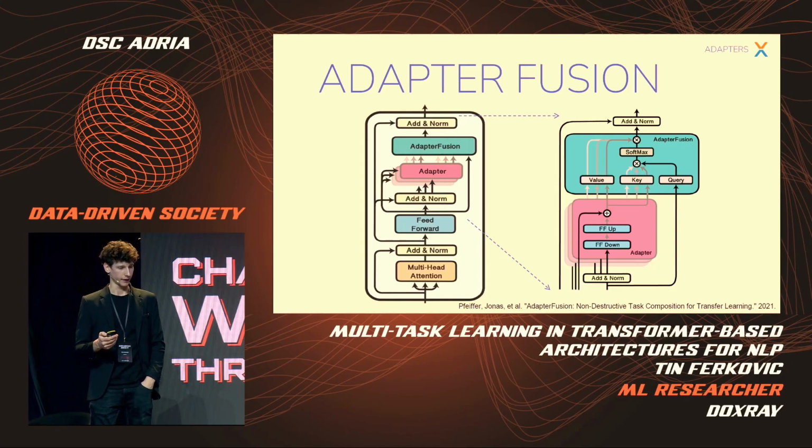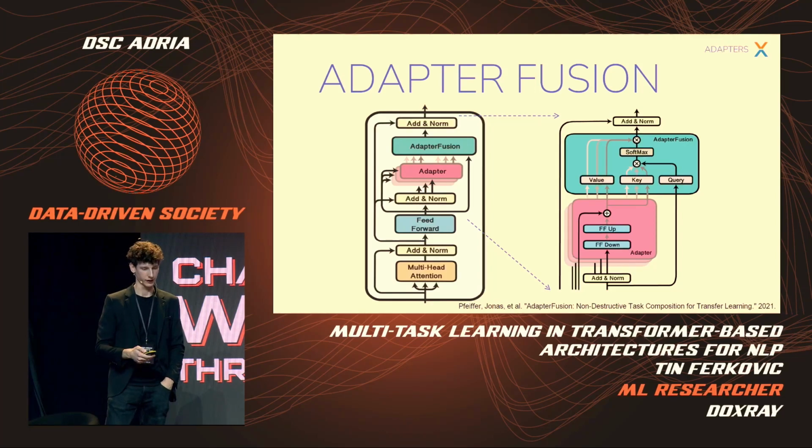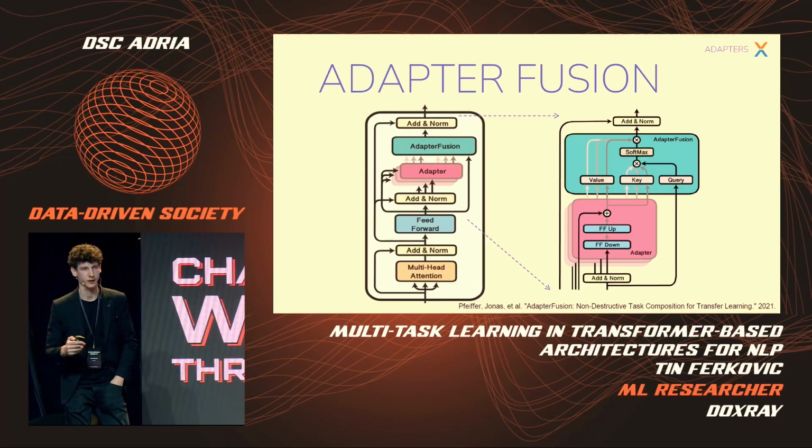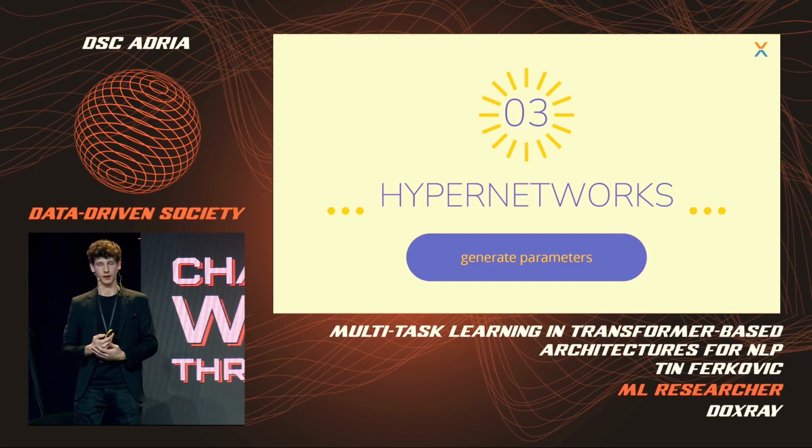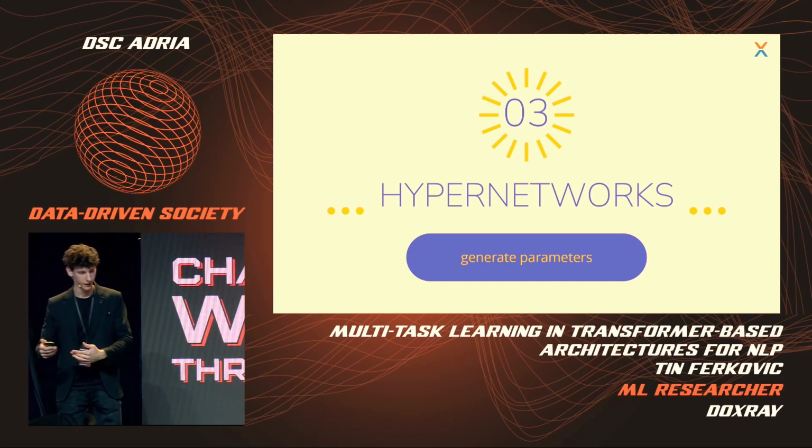Yeah, and the problem with adapters, as you can see, besides this last adapter fusion, which is a bit more hefty, it does bring you a larger inference time, is that you're not sharing anything. And that's why the hypernetworks came into play. Those are basically the networks that generate the parameters of the other network.